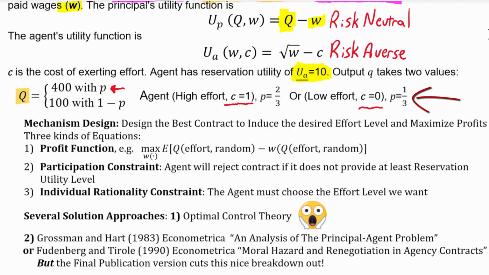If they don't work hard, the probability we get that high payout of 400 units of gold is only 1/3. So that would mean a 2/3 probability that we get the 100 when they give low effort, and a 1/3 probability that we get the low payout when they provide high effort. So that's the setup of the problem. That's everything we need to know here.